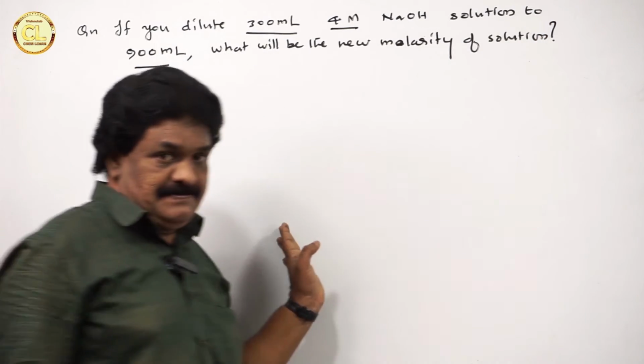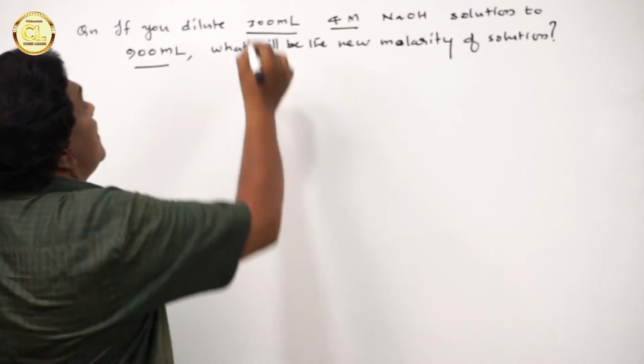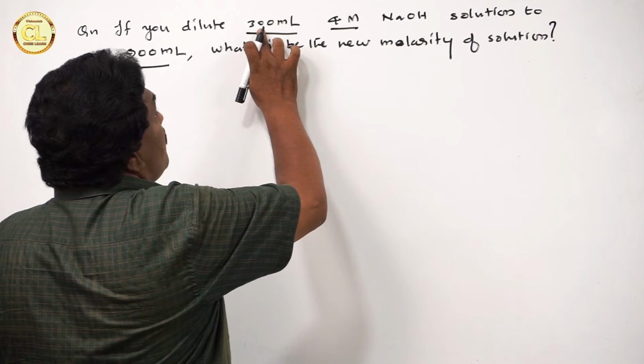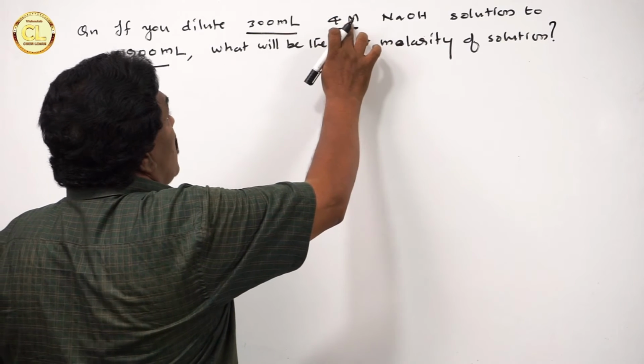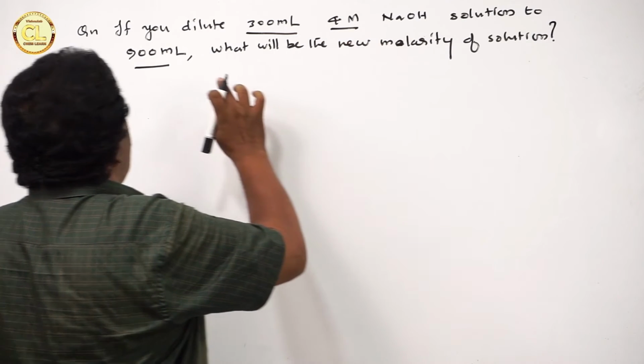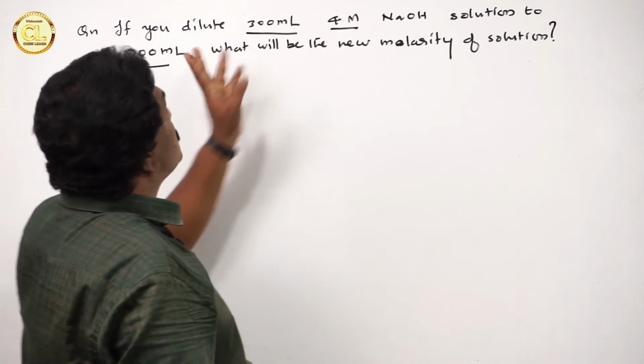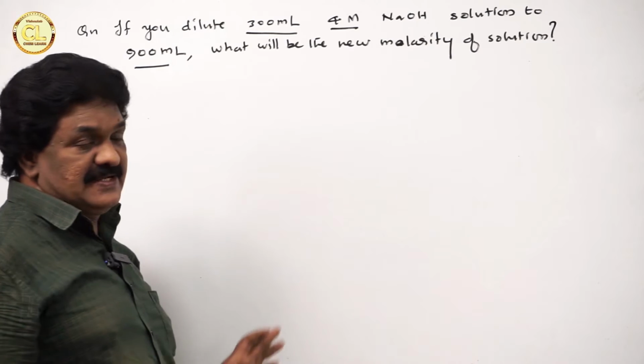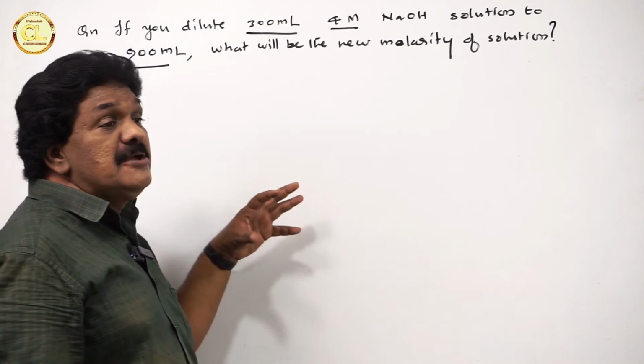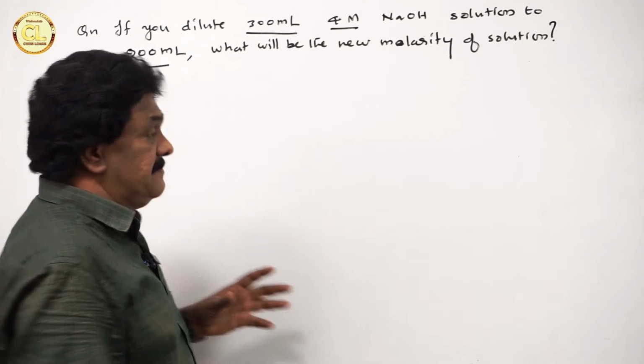Here there is a solution of volume 300 milliliter with a molarity 4. And we are asked to dilute the solution to 900 milliliter. Then what will be the new molarity after diluting?